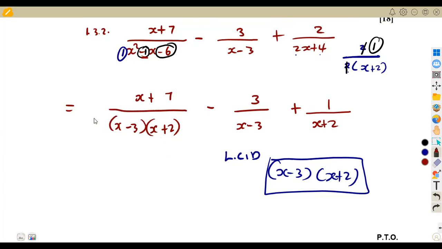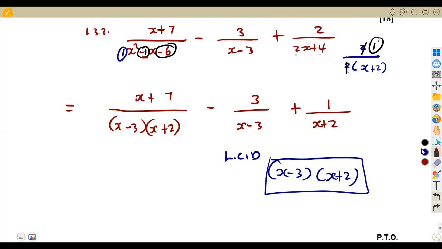Please be careful, listen properly here. If we check the first part, we already have all of these: there is x minus 3, there is x plus 2. So on that part, there is no effect. In actual sense, we're supposed to multiply by x minus 3, but we already have it there.